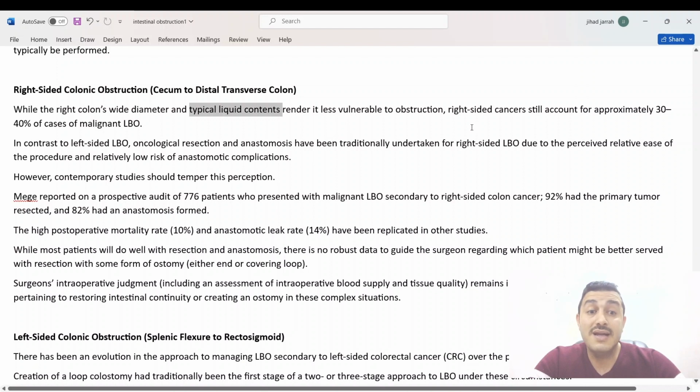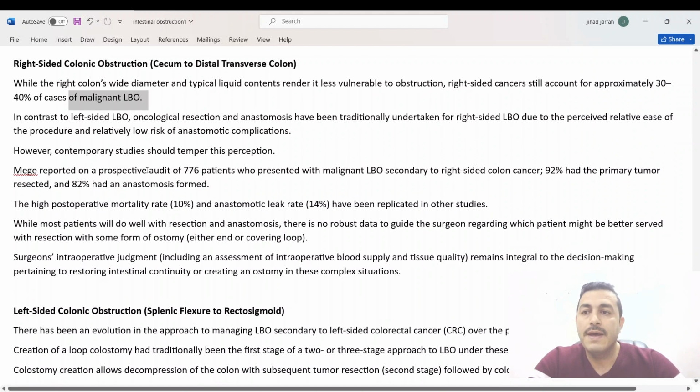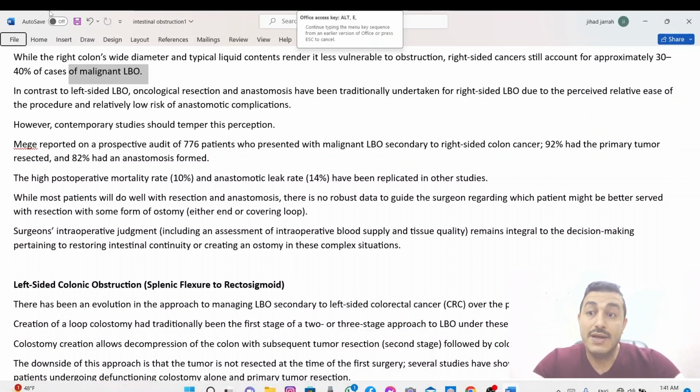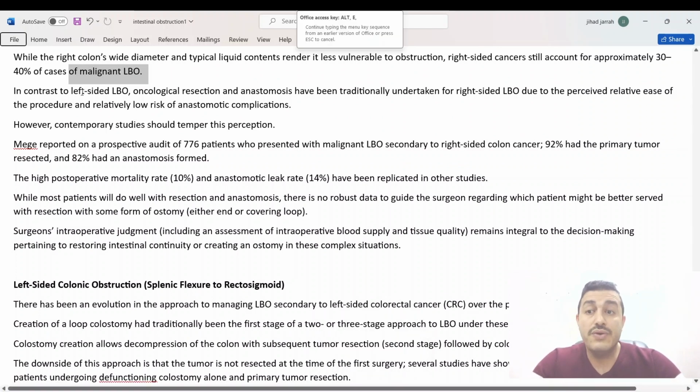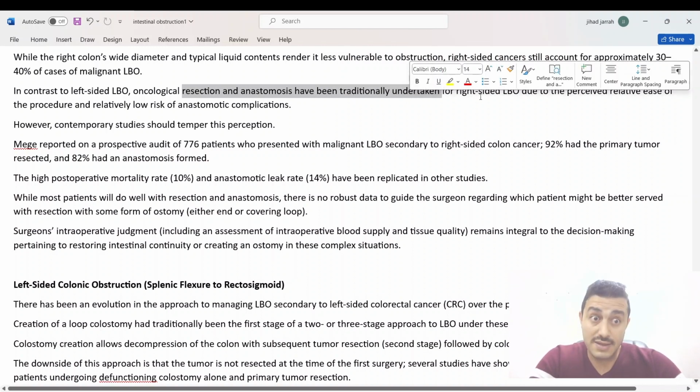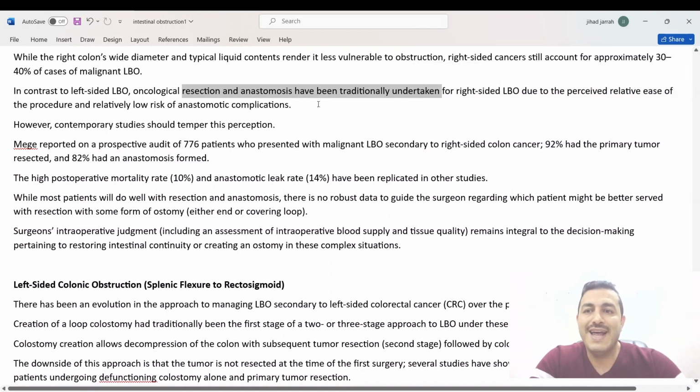Right side cancers still account for about 40% of causes of malignant large bowel obstruction, while the left-sided large bowel obstruction, as we said, on the right side colonic tumor, we can proceed to resection and anastomosis. This is traditionally undertaken for the right side tumor because we have a low risk for anastomotic complication.